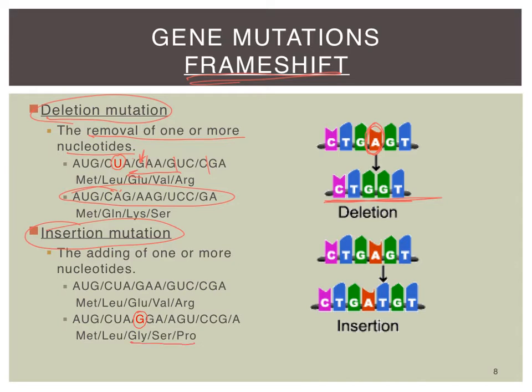So these three are different than these three. Okay, again, insertion. So right between this A and G, we're adding a T, and again, it's going to change the reading frame. So the codons are being read with a different sequence of nucleotides, and as a result, getting a different sequence of amino acids, which changes the protein.